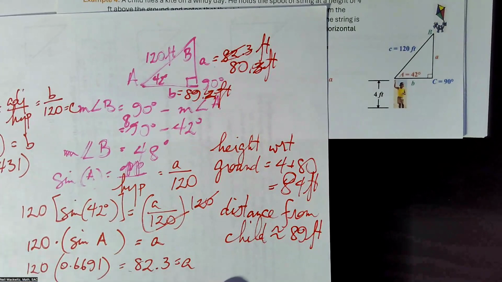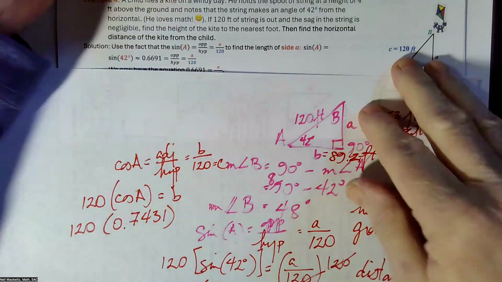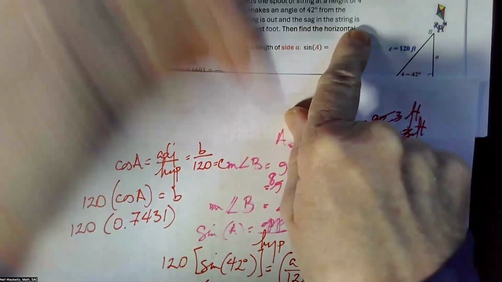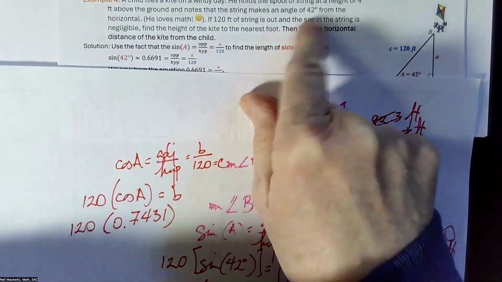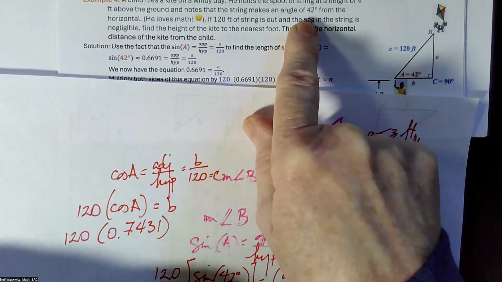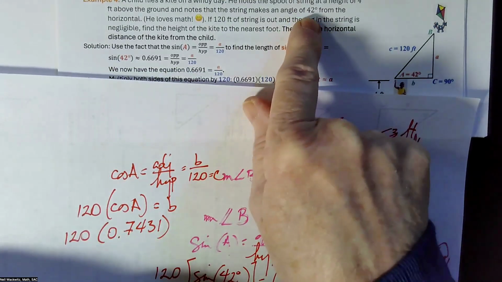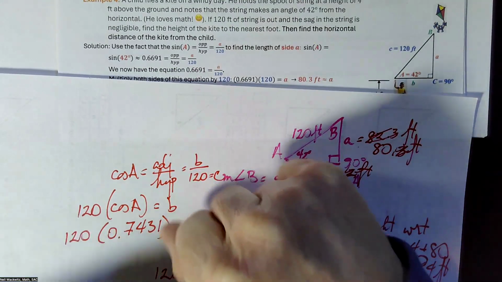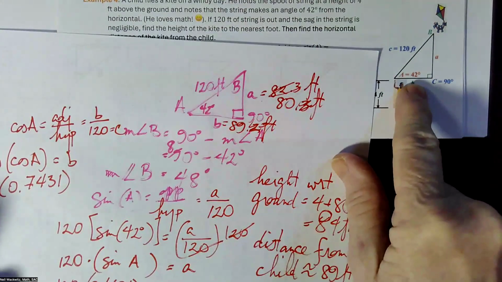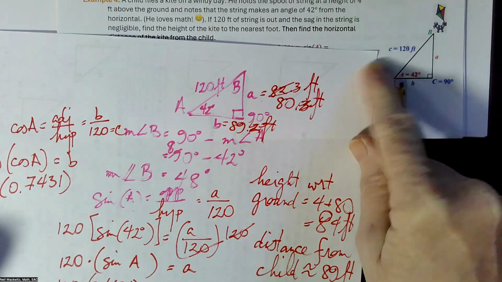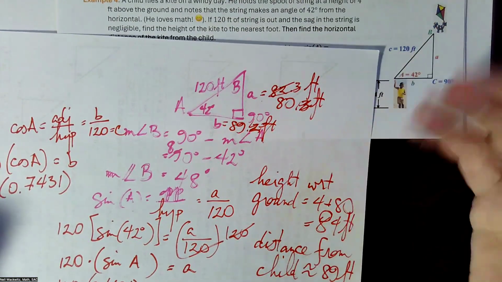And lots of times, questions will have rounding like this, to the nearest foot, because even though the child is super good in math, it's hard to get an accurate angle. So he kind of guessed that the angle was 42. Also, the distance out from the string.